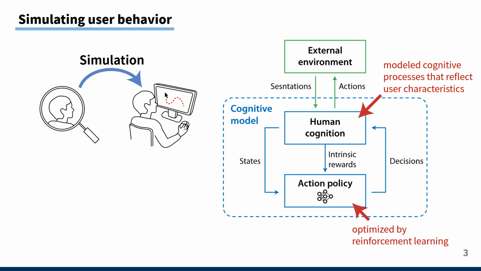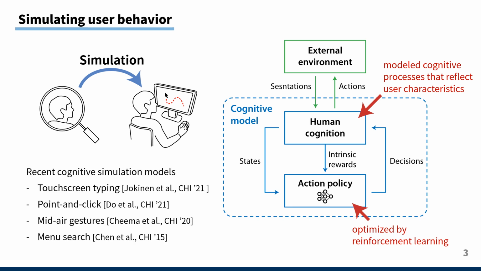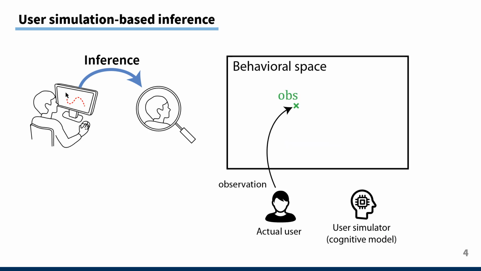Then, we can discover the optimal action policy of the user through reinforcement learning. As a result, with recent cognitive models, we can now reproduce user behavior from given characteristics in various task domains. These user simulators can be utilized to infer an actual user's characteristics.